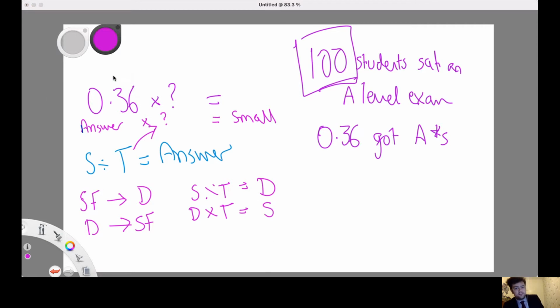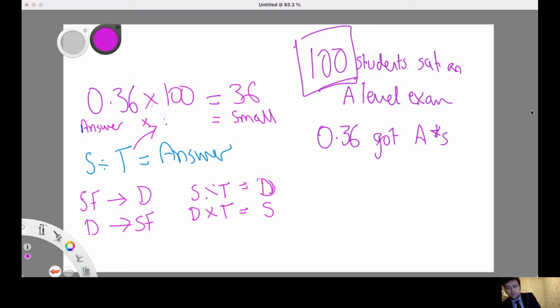In this case, if we multiply by 100, we get 36. So 100 students sat an A-level exam, 0.36 of them, as a decimal, got A stars. We multiply that by the total number of students and get 36. This is the way you convert from decimal to standard form and standard form back to decimal.